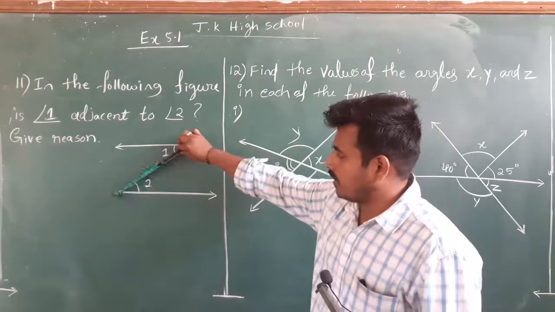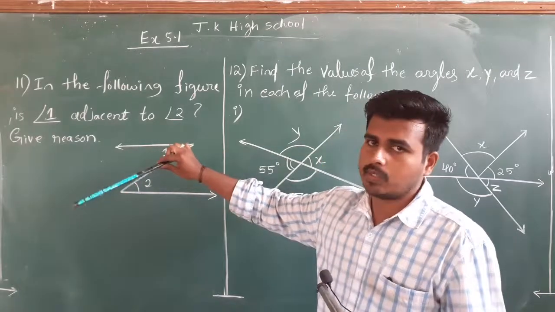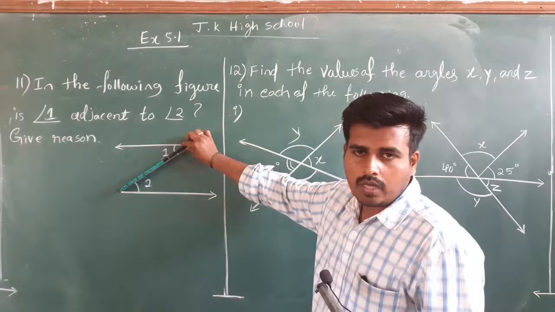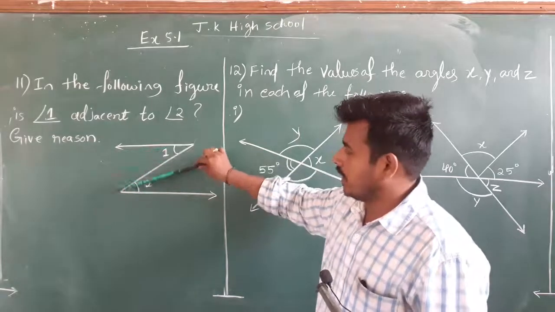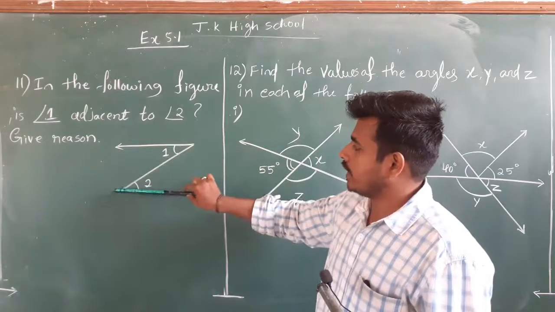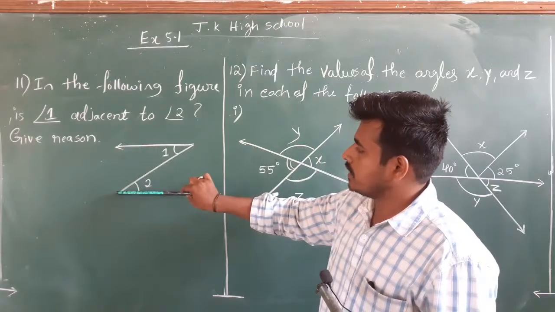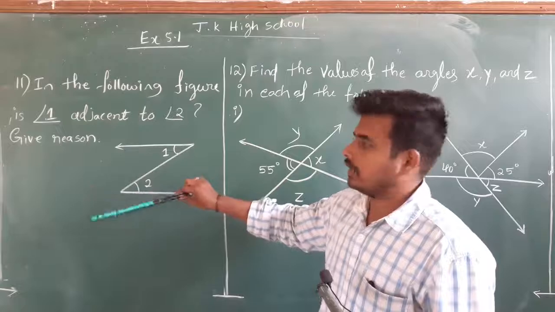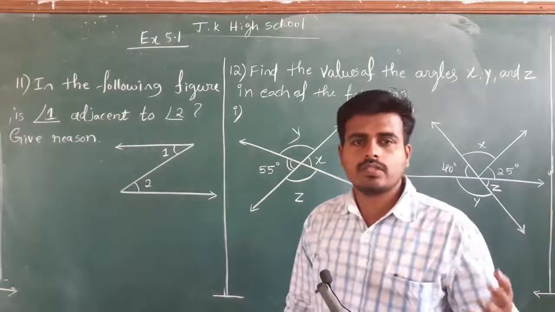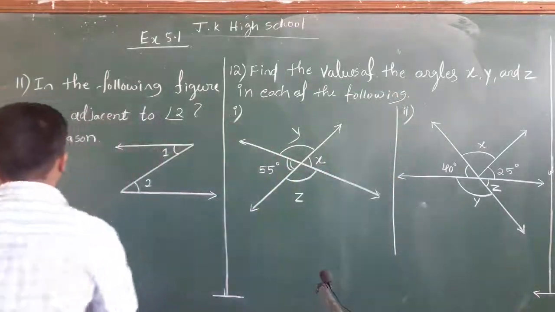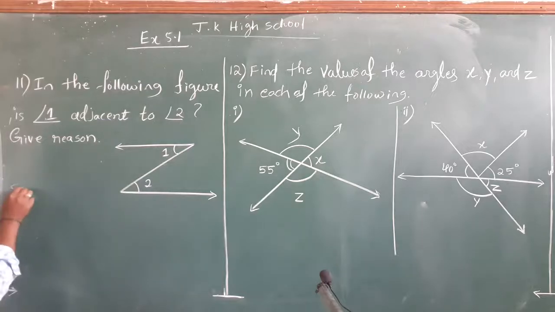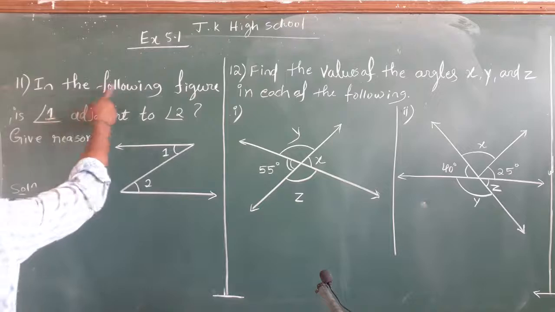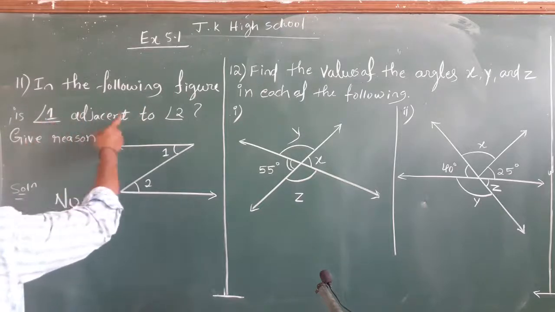Even though they share a common arm, there is no common vertex between them. This common arm is also not in the middle of the two. It is just connecting one end of this arm with another end. It is not between the two arms. So it fails in the first condition. So our answer is no. In the following figure, is angle 1 adjacent to angle 2?